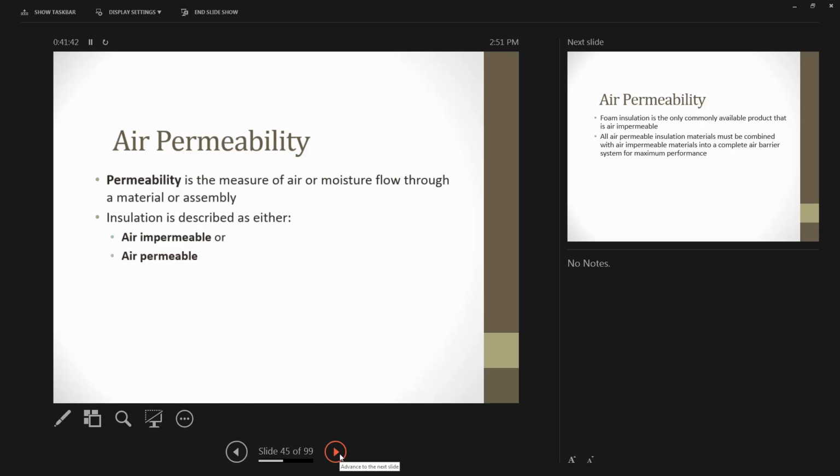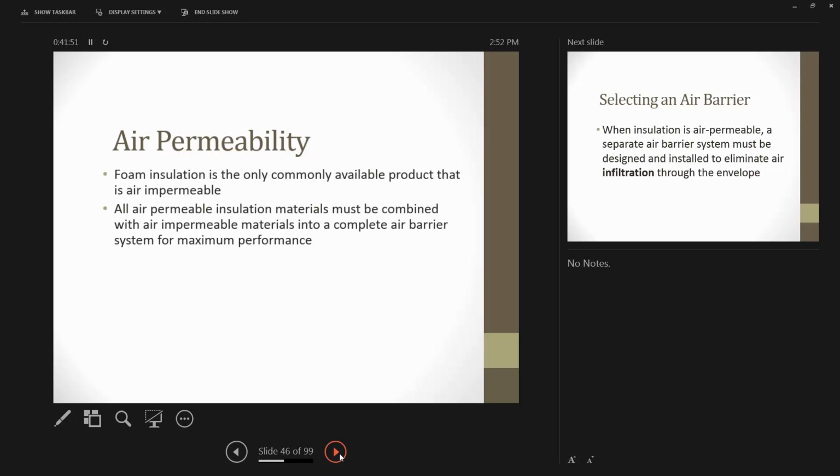When it comes to air barriers, they're rated either as permeable or impermeable, and for insulation purposes, some of the foam insulations are the only ones that really have a perm rating where they become air impermeable.